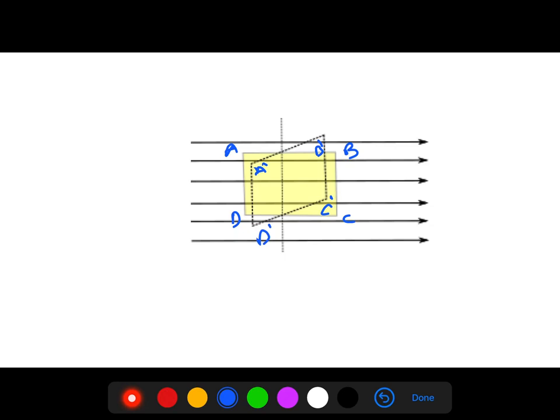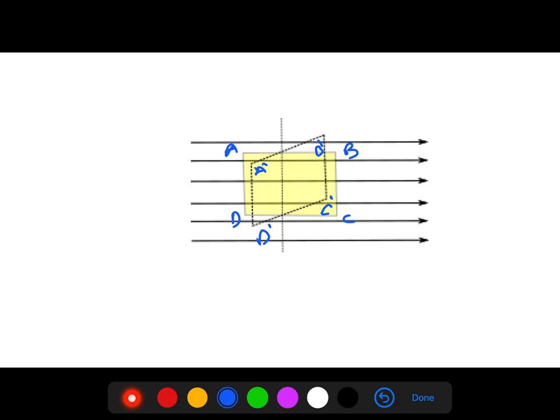As you can see, the area A dash, B dash, C dash, D dash is perpendicular to the lines of force. So this dashed portion is perpendicular to the lines of force, so the contribution of line integrals is 0.